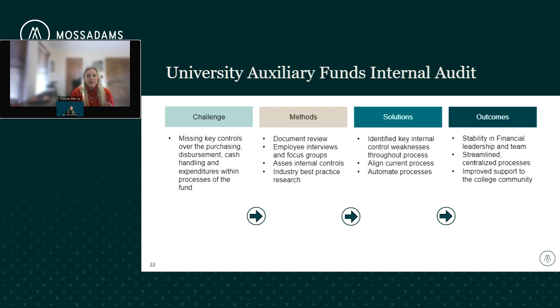So, another great example, when we were able to come up with solutions together, and we worked with the internal audit team to come up with feasible things and outcomes that would really make sense for the division as a whole, because the internal audit team understood the different dynamics that were happening between the different universities. Working hand in hand was invaluable to really make sure that this internal audit was successful.